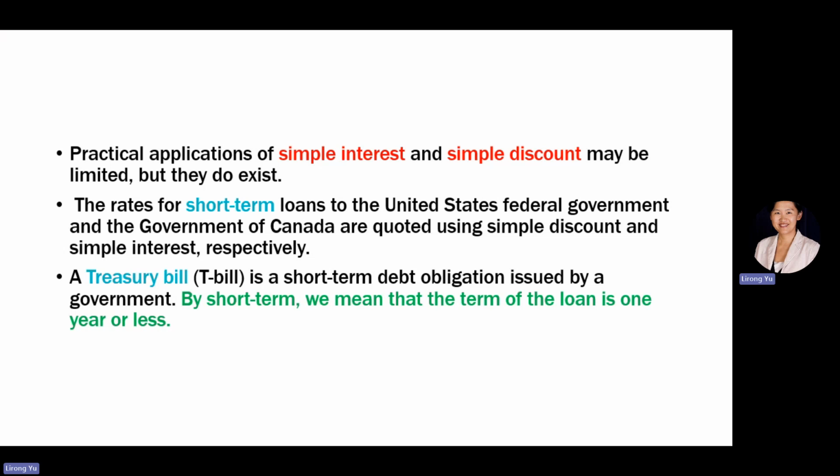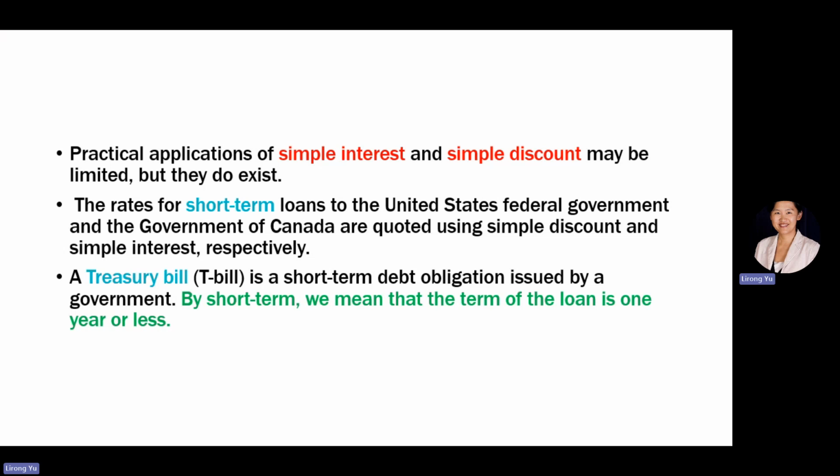Simple interest and simple discount are normally not applied if you study long-term investment in finance. However, they are applied for short-term investment. So if you have short-term loans to the United States government or the government of Canada, we may be using simple discount and simple interest respectively.